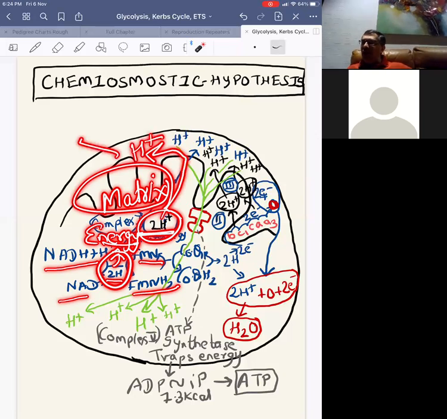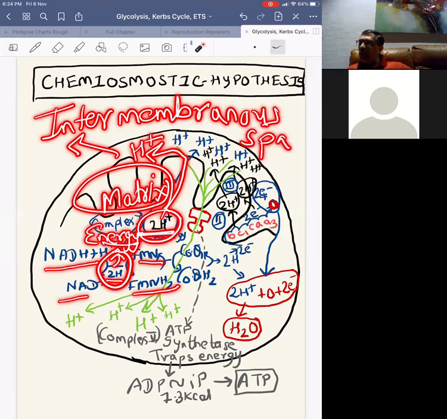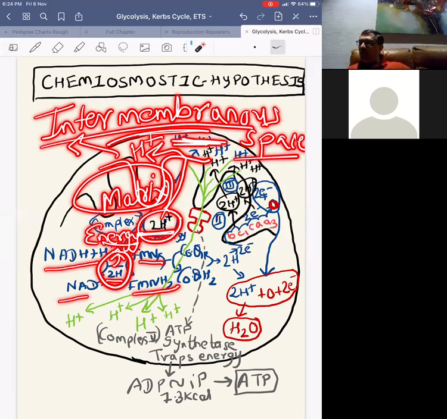What is this space called as? Intermembranous space, which is the space between the outer and the inner mitochondrial membranes. उसके बीच की जो space है, this space is called as the intermembranous space.